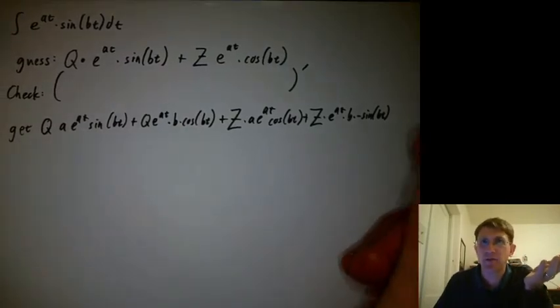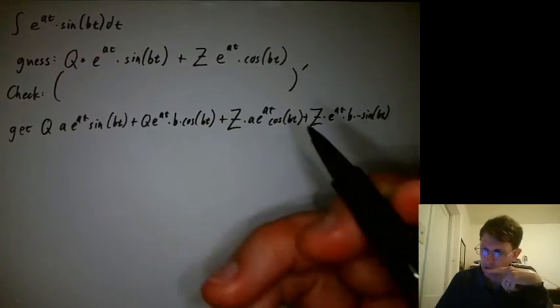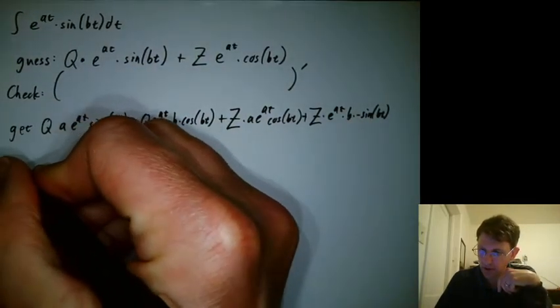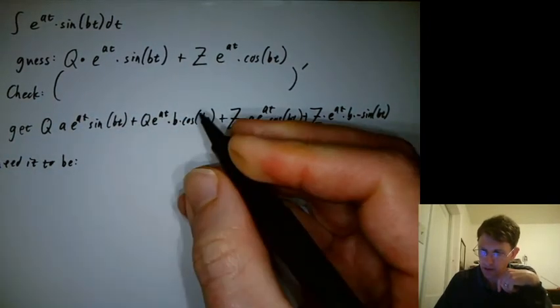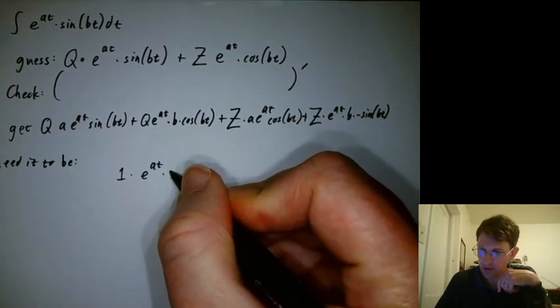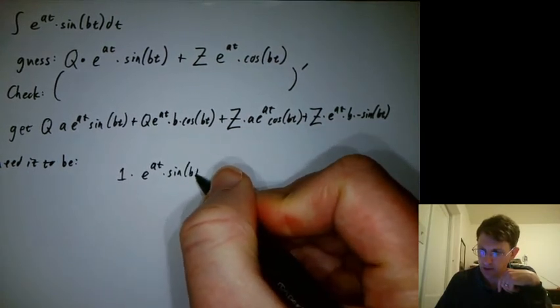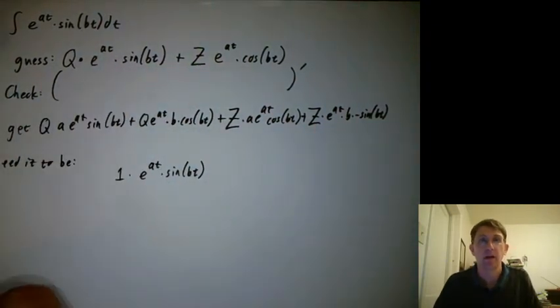Well, it depends on what the q and the z are. Let's think about that some more. What do I need it to be? I need it to be 1 times e to the at times sine bt, right? Because that's my original integrand right there.